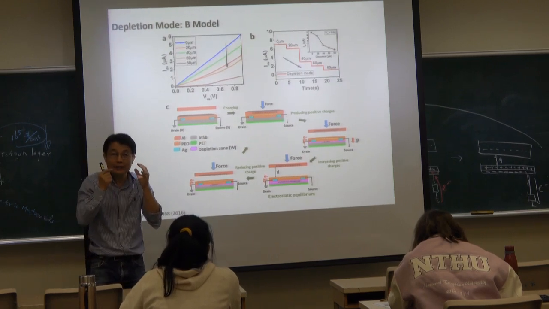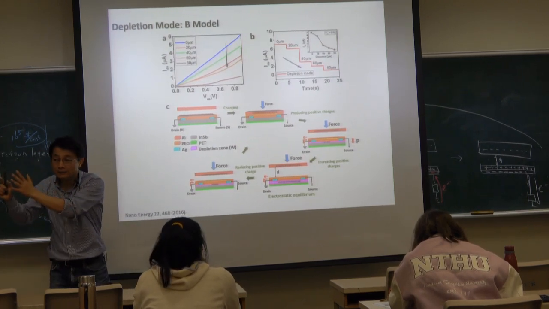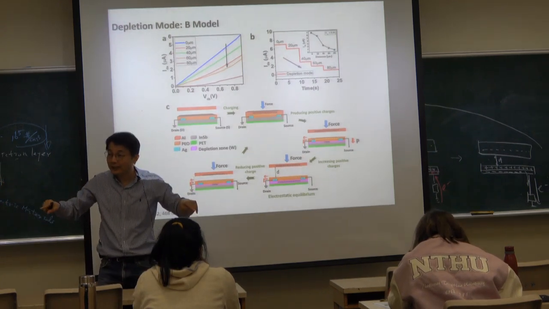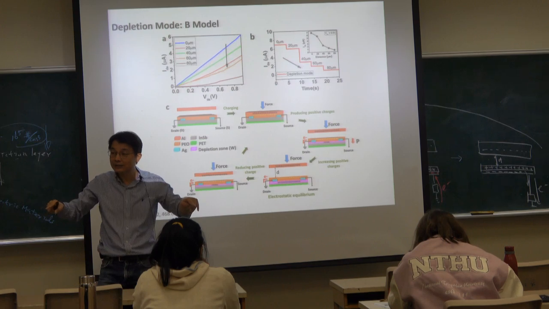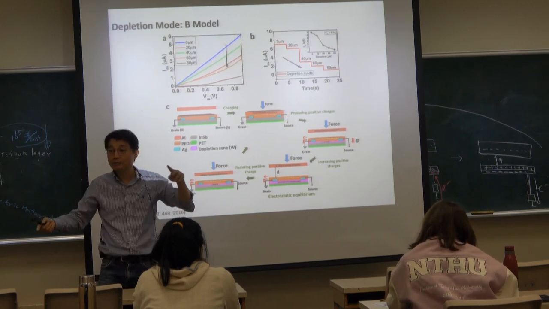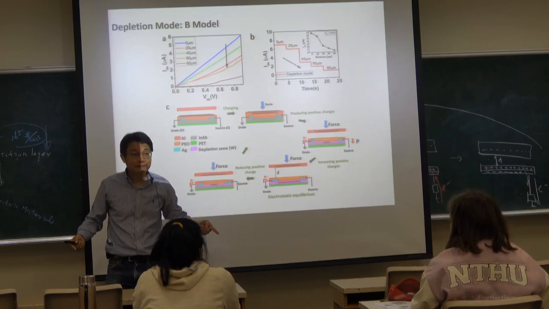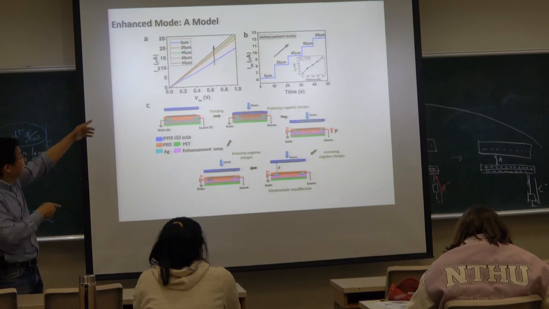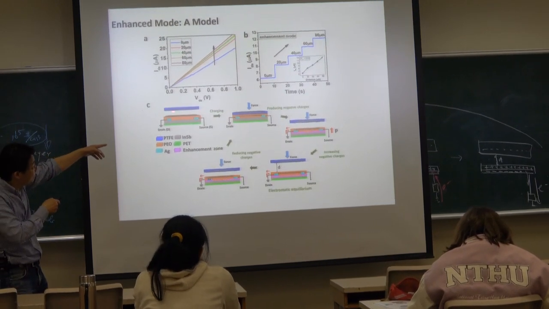So that we can use the positive side or the negative side to justify the behavior, like the N-type or P-type behavior. Do you understand? Okay?